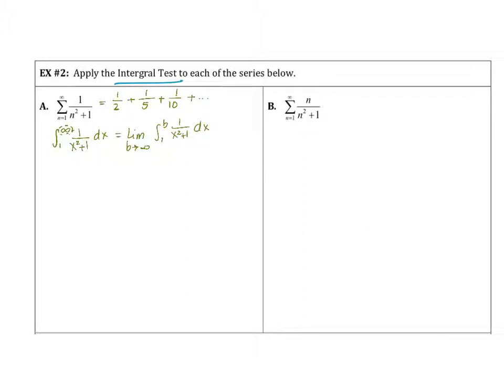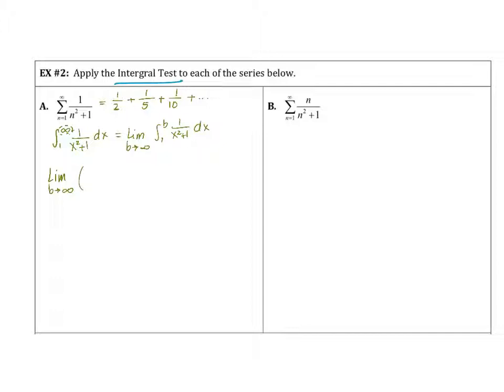If we integrate 1 over x squared plus 1, then that's going to be our inverse tangent. So this really turns into the limit as b approaches infinity of the integral. Well, we can go ahead and do our integral.